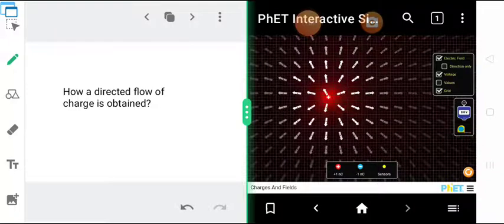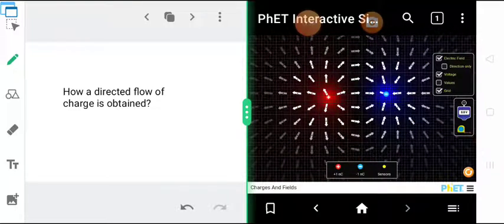Now if we have both types of charges placed near one another, you can see how a region is created in which both charges exert some forces.